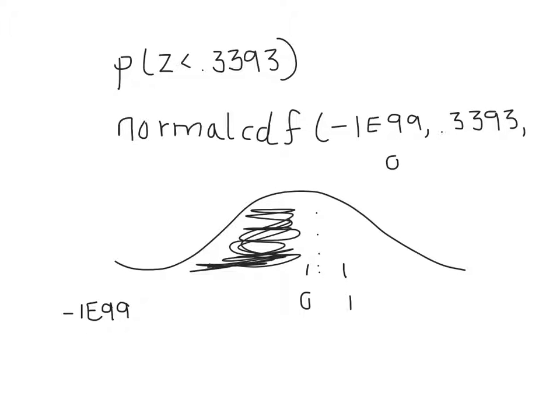This is called the standard normal distribution. And our standard deviation is 1, again, when we're using z-scores. And rounded to 4 decimal places, we get a probability that it is less than 0.3393 equal to 0.6328.